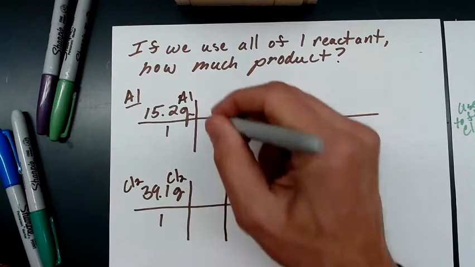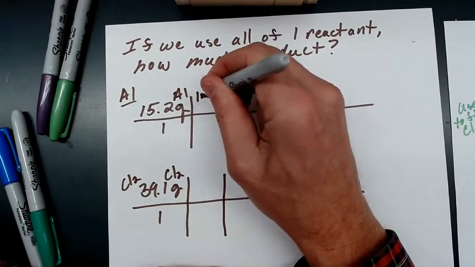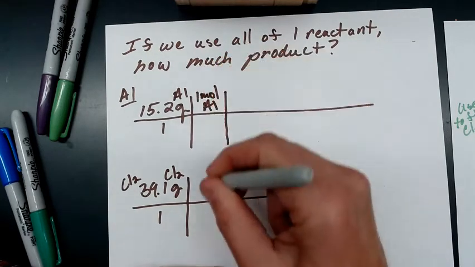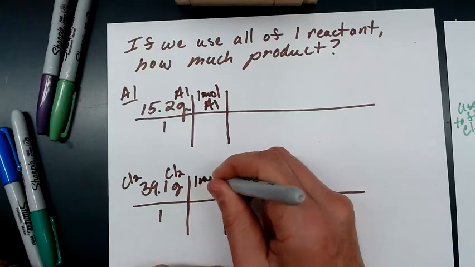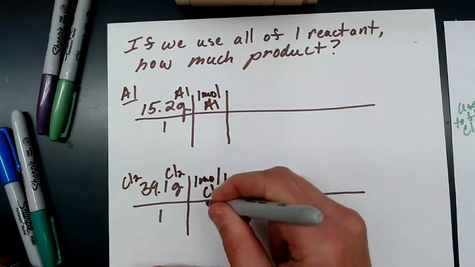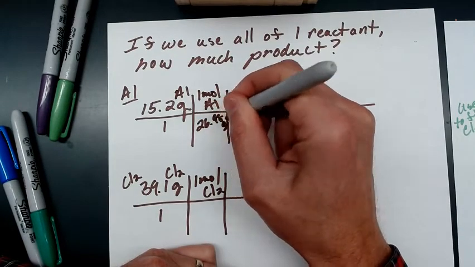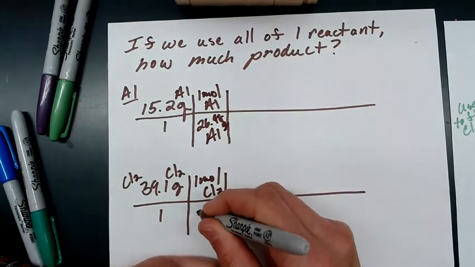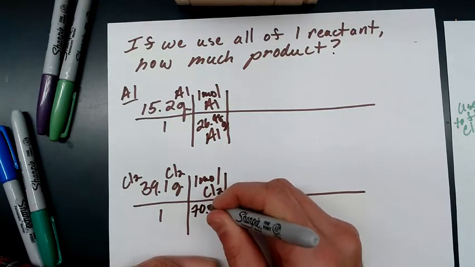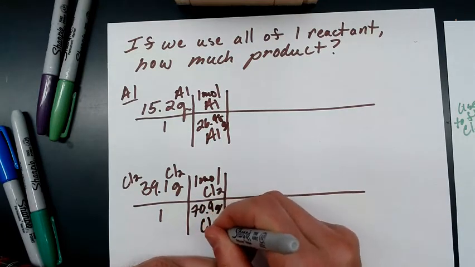So if I'm starting with grams, I need to do my molar mass. So 1 mole of aluminum here, and I need 1 mole of Cl2. And 1 mole of aluminum was our 26.98 grams of aluminum, and down here it was 70.9 grams of Cl2.